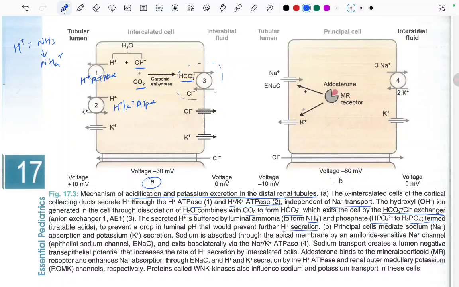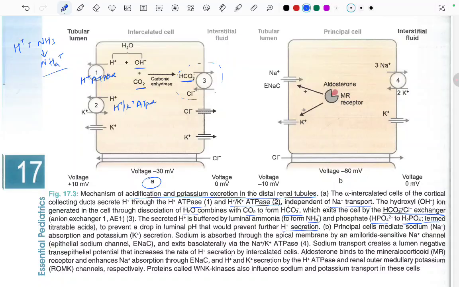Along with ammonia, it combines with the phosphate ion to form H2PO4. This will prevent the luminal pH from dropping, so it will prevent the halting of H plus secretion. This was all about how the acidification is occurring.